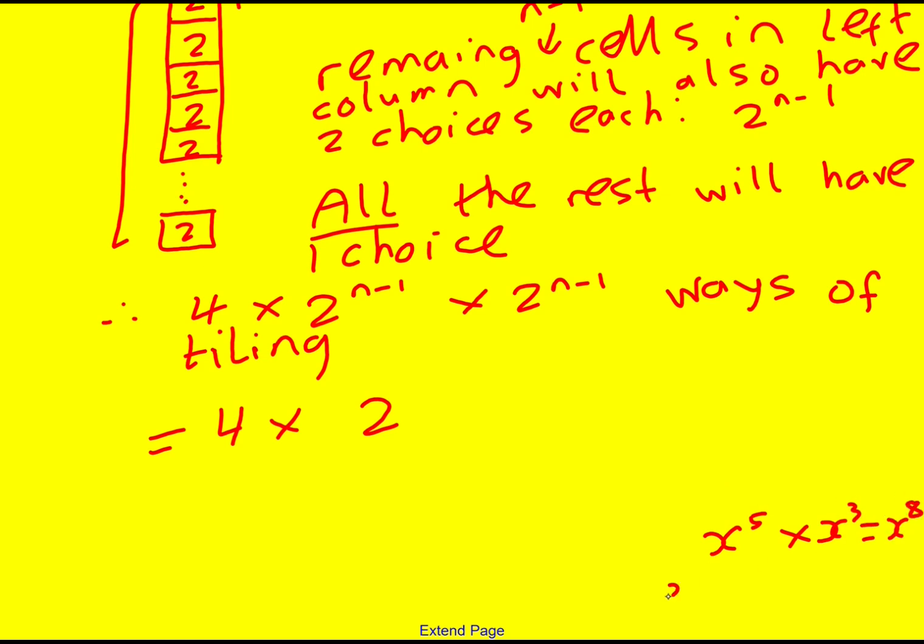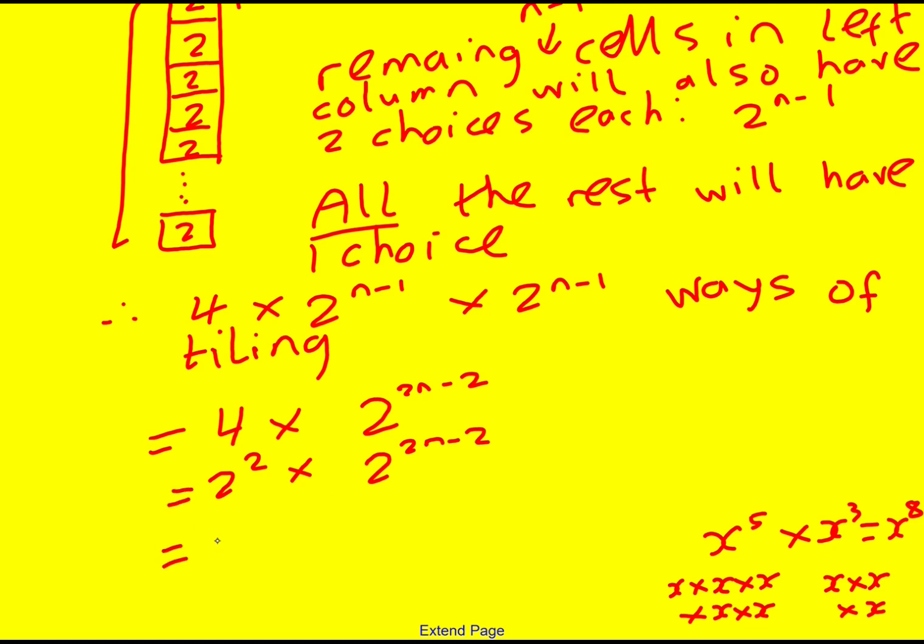You add the 5 and the 3, because we're timesing 5 x's together here, and we're timesing 3 x's together here, so it makes sense that overall we're timesing 8 of them together. So I'm going to get 2n minus 2. Now 4 is actually 2 squared. So I can write 2 squared times 2 to the 2n minus 2. And as I just did a second ago, I can add that on. And then these cancel, leaving a really nice simplified answer. There's actually 2 to the power of 2n choices.